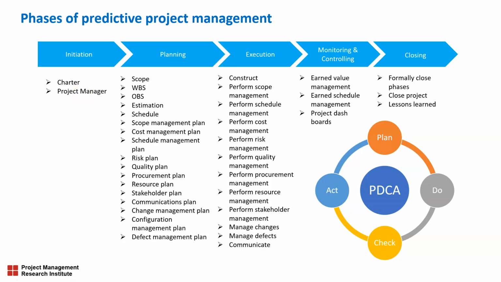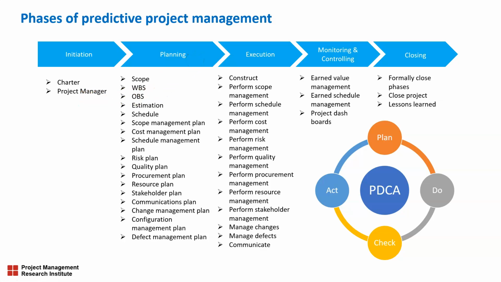And once the project manager is identified, the project manager also will help the sponsor to create the charter. And after the development and publishment of the charter, the project manager guides the project into the planning phase.